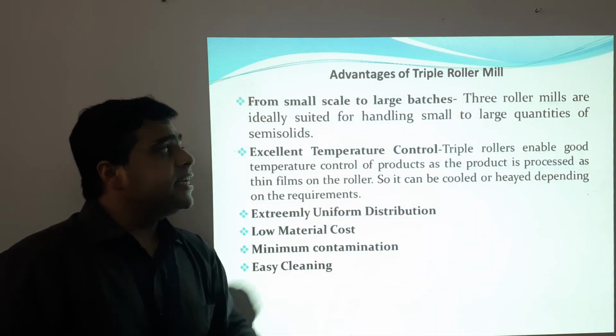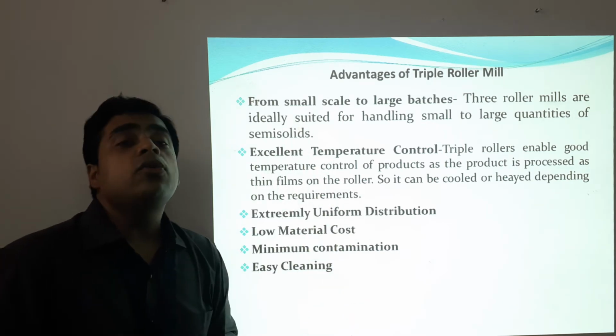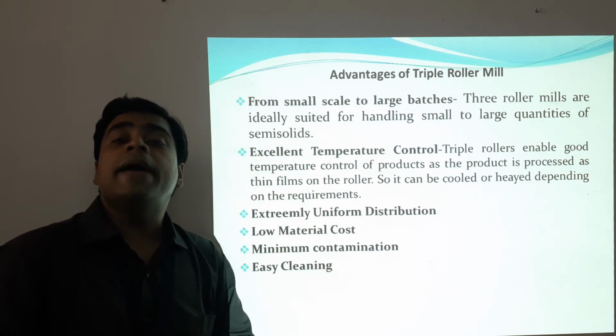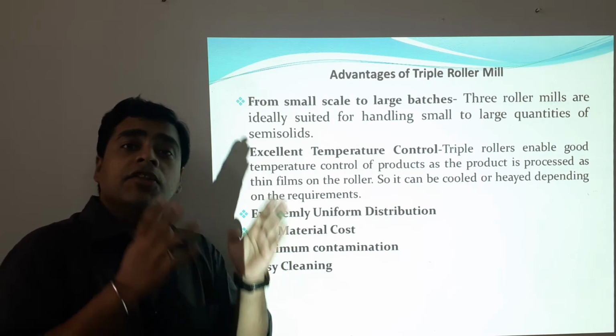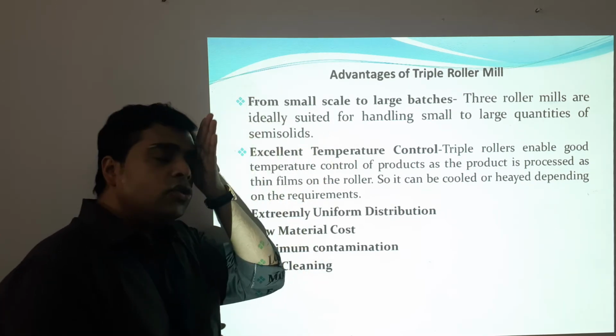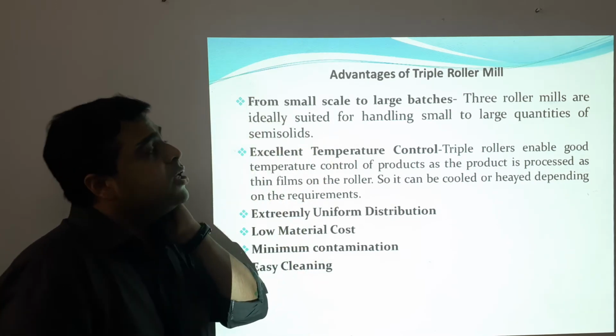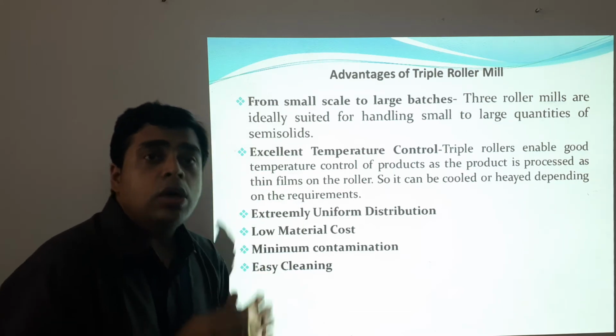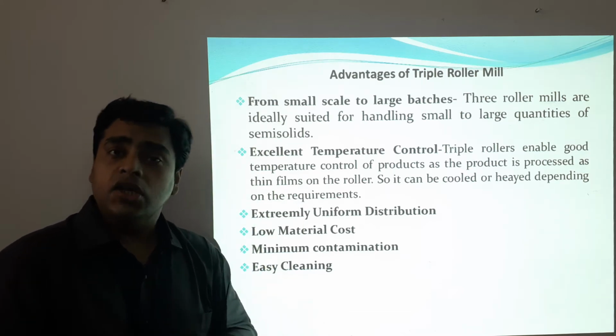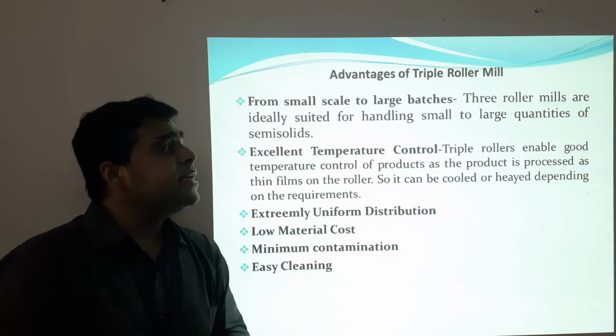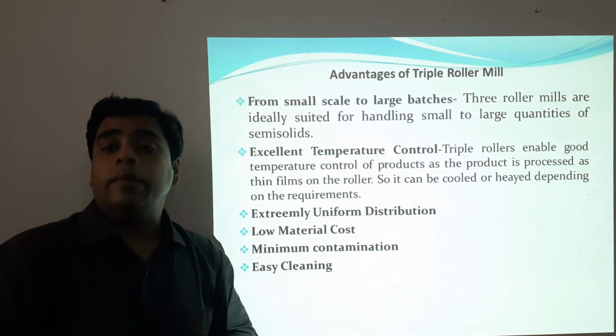Come to the advantages. From small scale to large batches we can do. The three roller mills are ideally suited for handling small to large quantities of semi-solids. And excellent temperature control is also enabled.